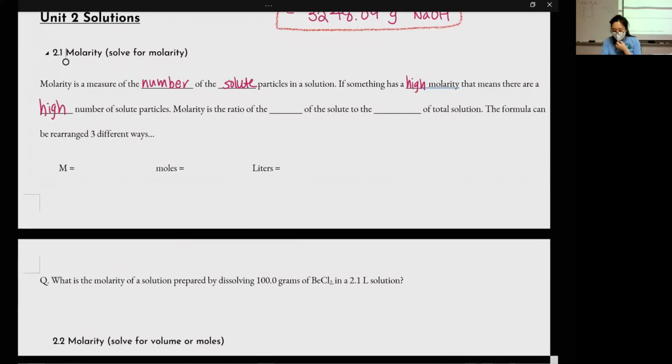Molarity is a ratio of moles of solute to the liters of total solution. The formula can be rearranged in 3 different ways. So M is equal to mole over liters.